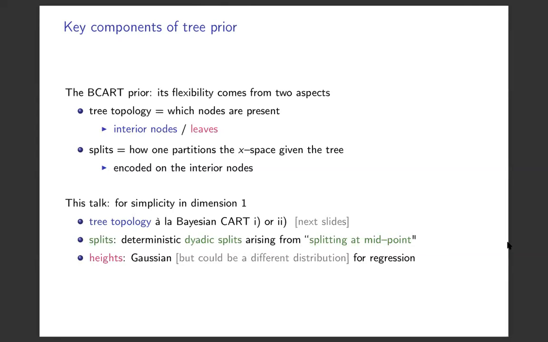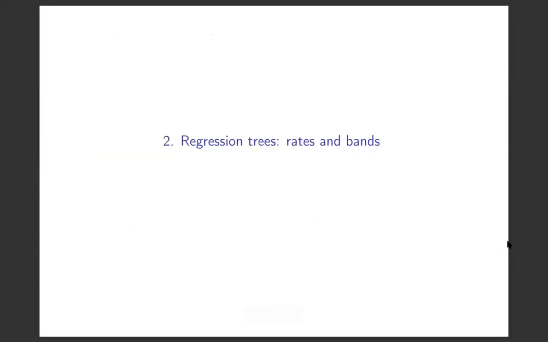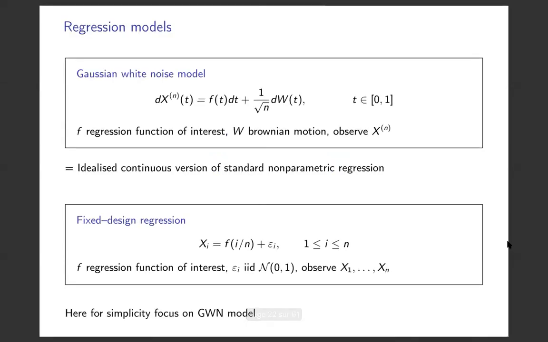Let me now give a very brief outline of the talk. In the first part, I'll focus on regression. In the second, on density estimation, and I'll conclude by discussing briefly smoothing aspects of forests. So regression, let's consider a signal plus noise model.